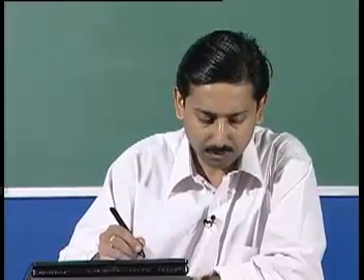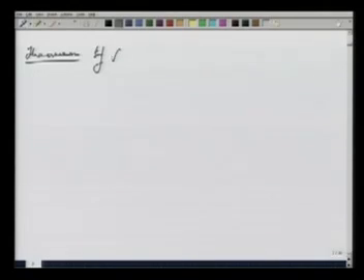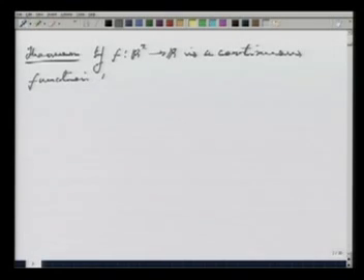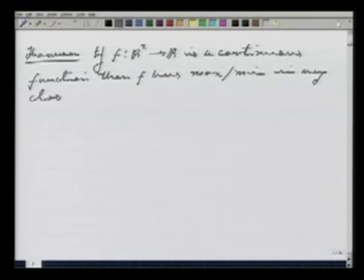So there exists an analogous theorem here: suppose f from R2 to R is a continuous function, then f has maximum and minimum in any closed and bounded region omega.